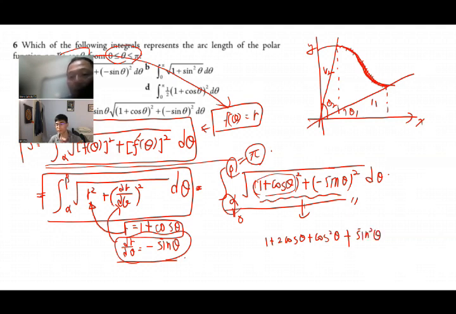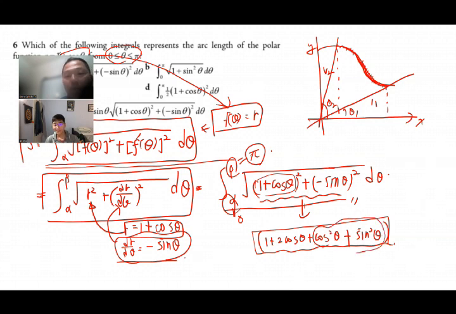Inside the square root, the equation is simplified into this format. What is cosine squared plus sine squared? It's 1. So 1 and 1 is 2, giving 2 plus 2 cosine theta, which is 2 times (1 plus cosine theta).